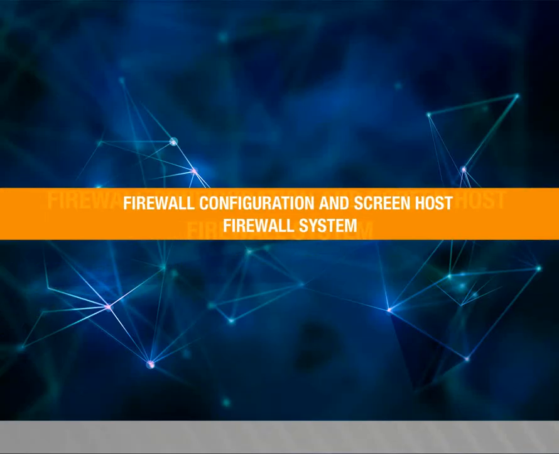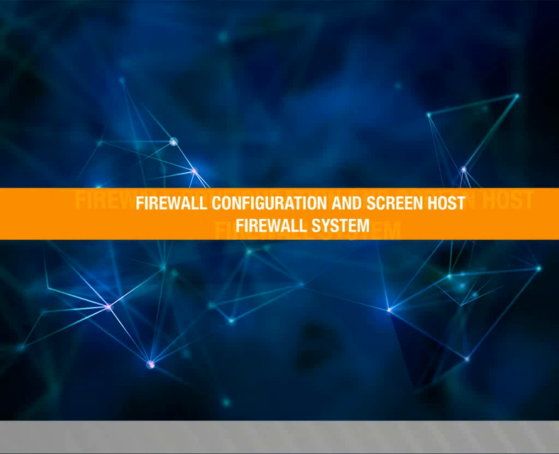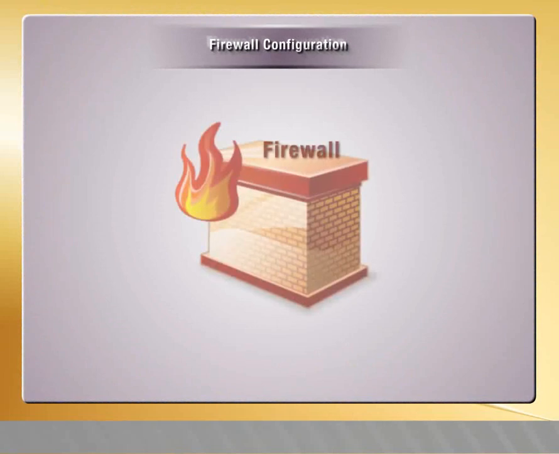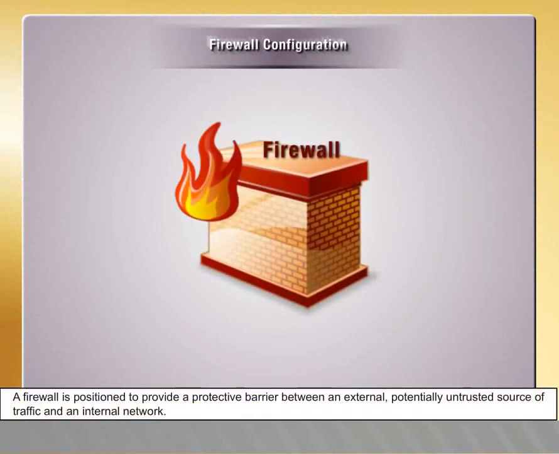Firewall configuration and screened host firewall system. In this video, we are going to see about firewall configuration and screened host firewall system. Firewall configuration. A firewall is positioned to provide a protective barrier between an external, potentially untrusted source of traffic and an internal network.